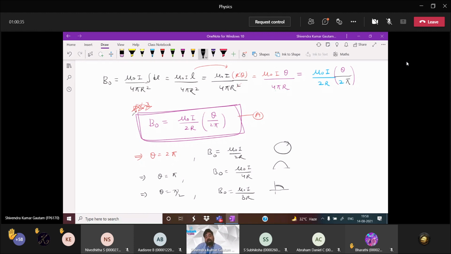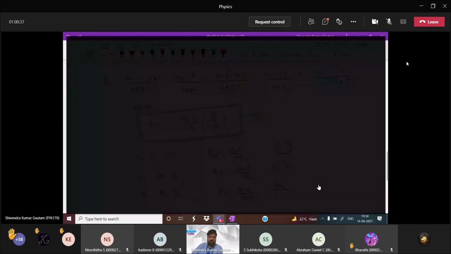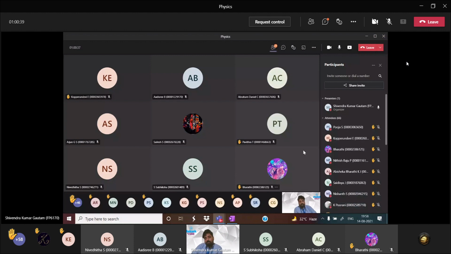This formula is very, very important. For any arc they ask, 30 degree, 40 degree, 60 degree, you can answer the magnetic field at the center. How many of you understood this expression? If the derivation is clear, fine; otherwise you have to remember the formula. Here with the derivation I told you how this expression comes. In complete circular competitive exam, only one formula to remember: mu naught I by 2r, theta divided by 2 pi.